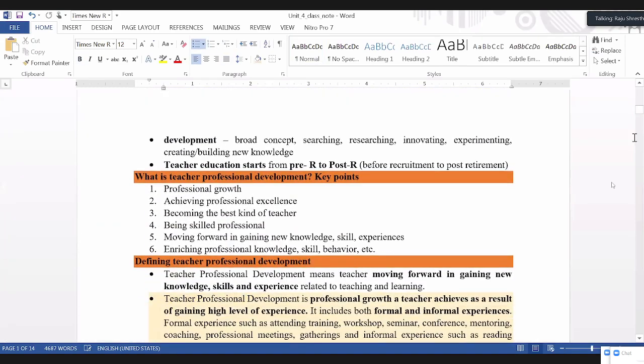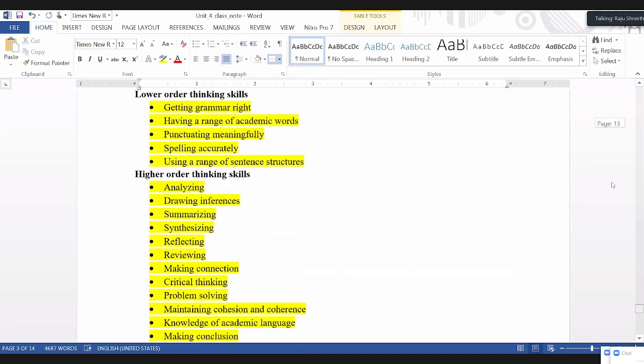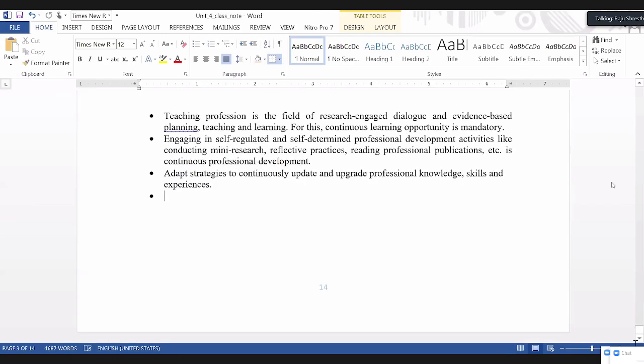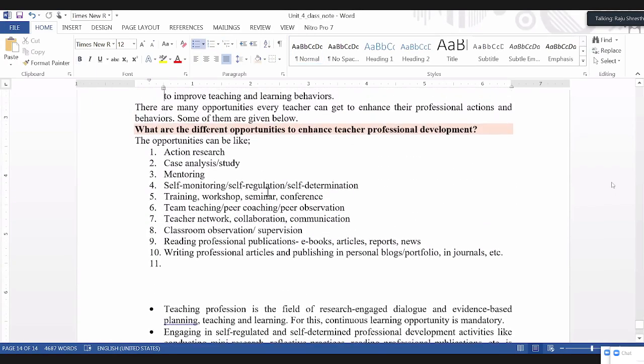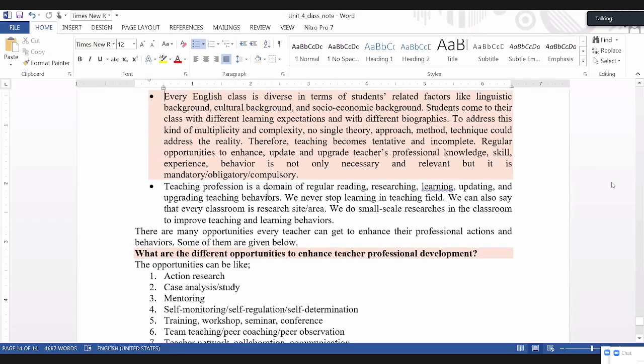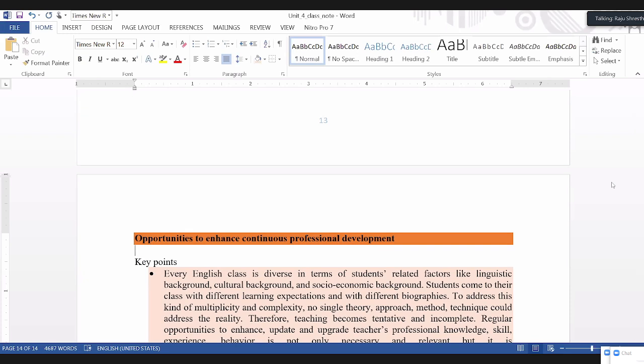From this unit, or this topic, opportunities to enhance professional development, let's make the question like this. What is teacher professional development?